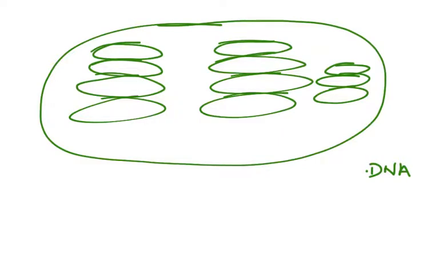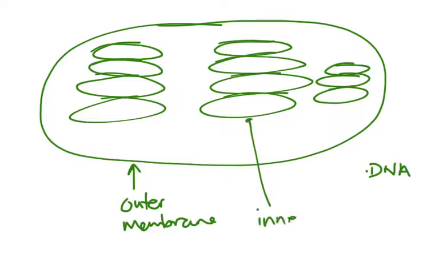It has an outer membrane. And it also has an inner membrane, which is part of the thylakoid.